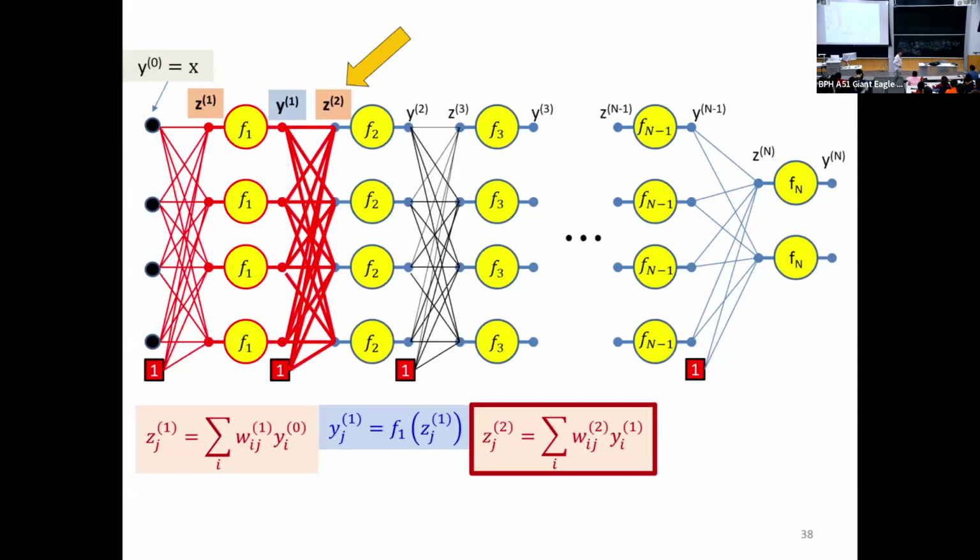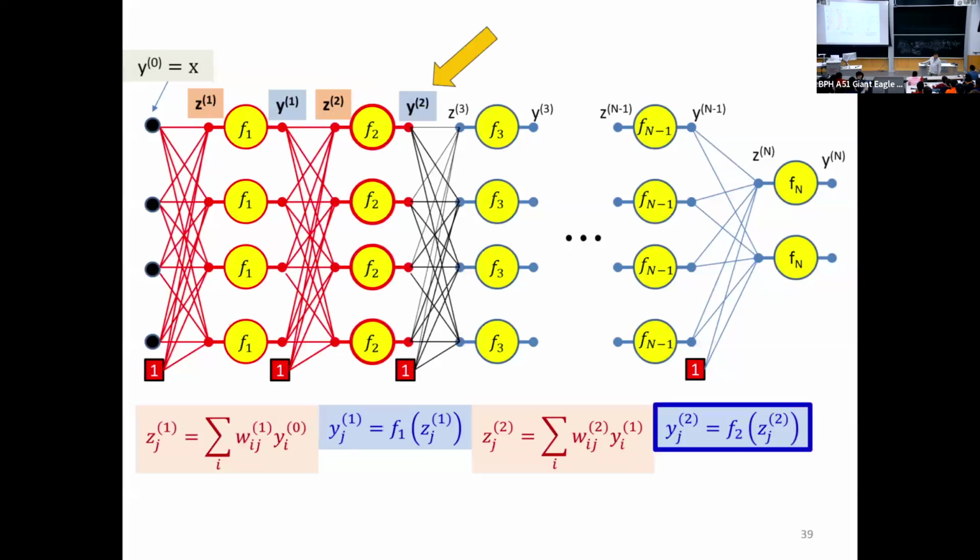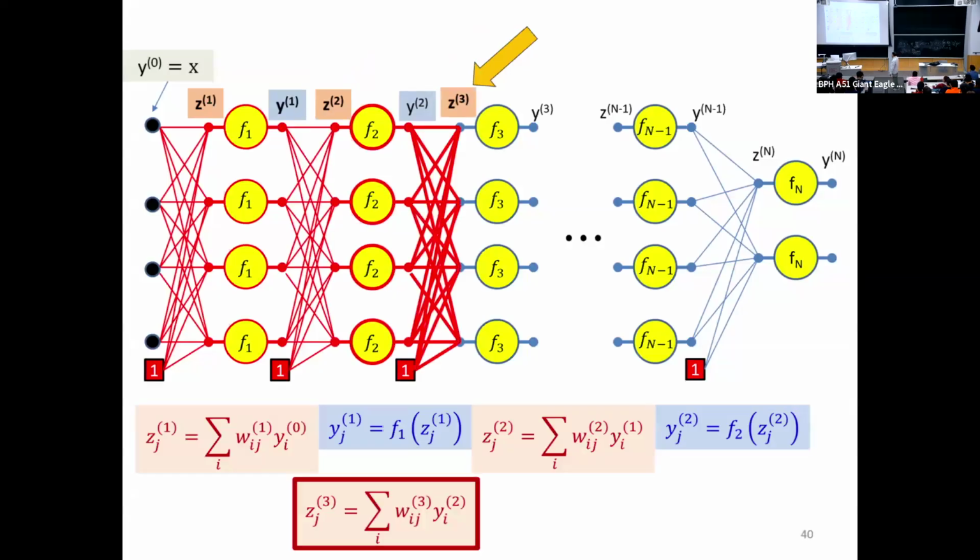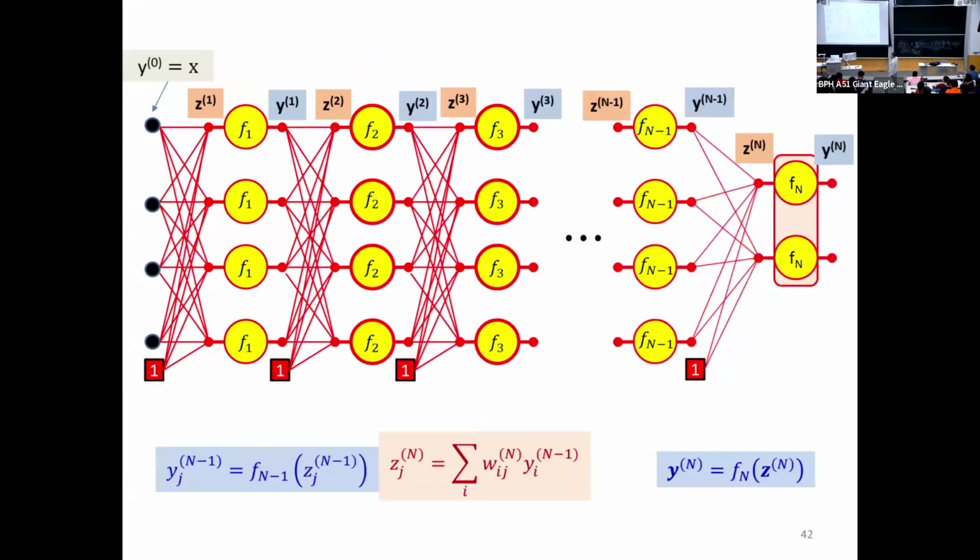Every z for the second layer is just a different weighted sum of all of the y's from the previous layer. And then these can be put through an activation to compute the output of the second layer, and so on. I can keep performing this computation all the way till I compute the output of the network. This business of passing an input through the network is very straightforward.